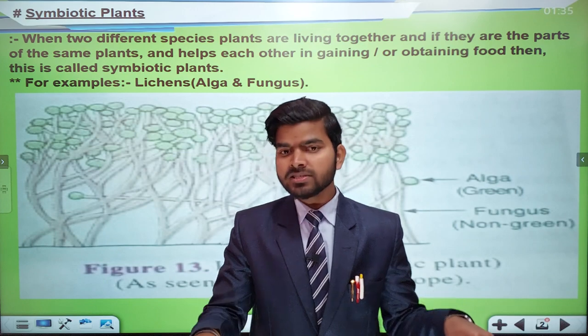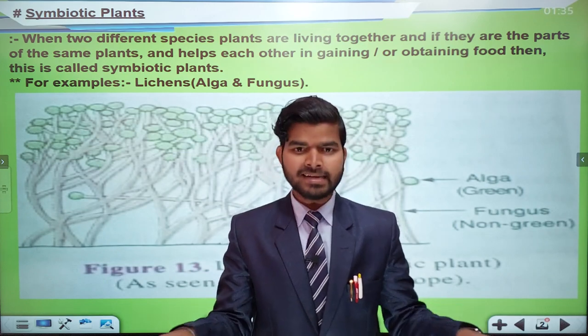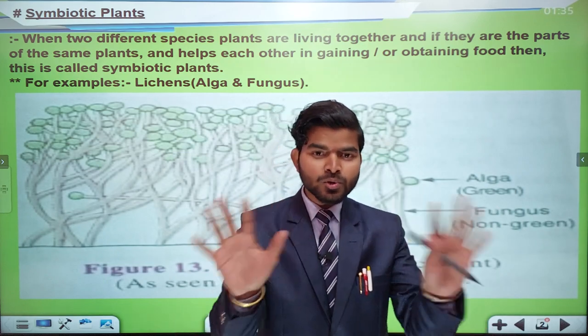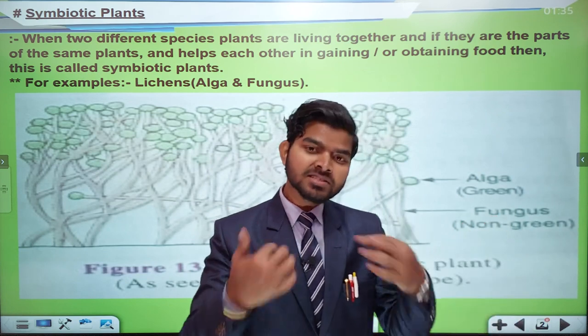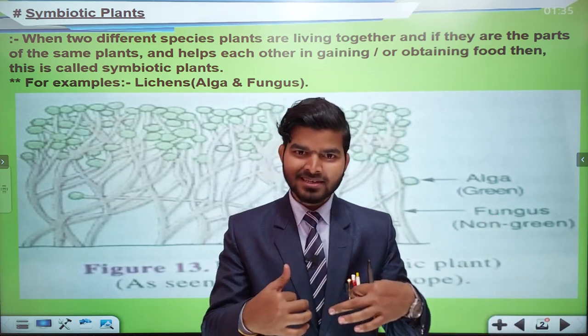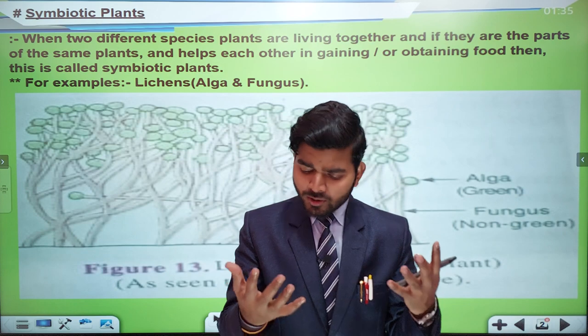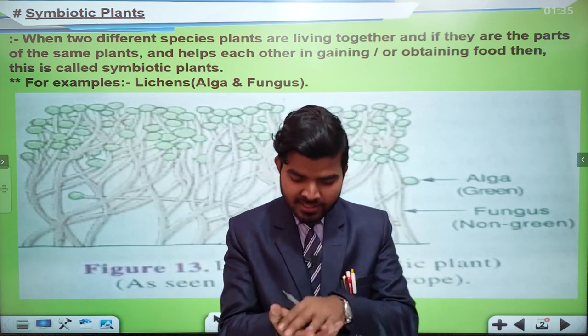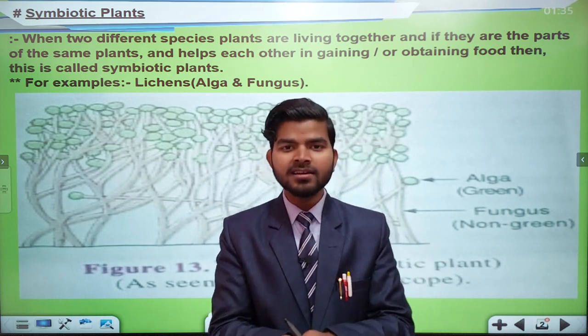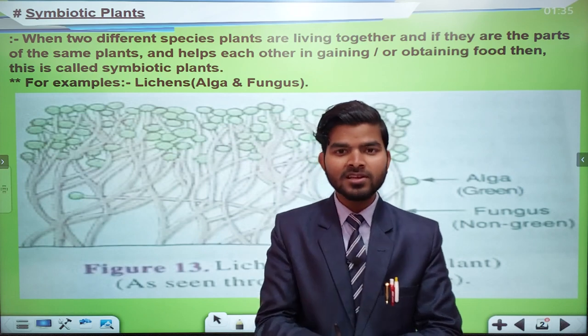But the truth is that we have two separate hands that are parts of the same body, and both of these two hands can help each other in doing any type of work.